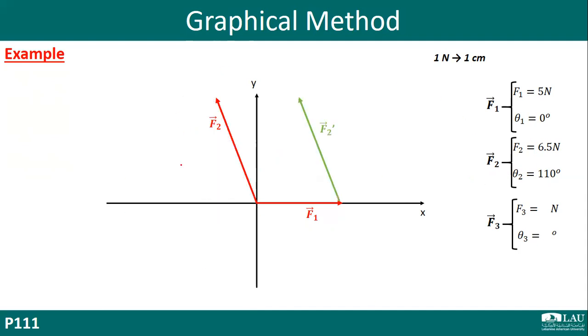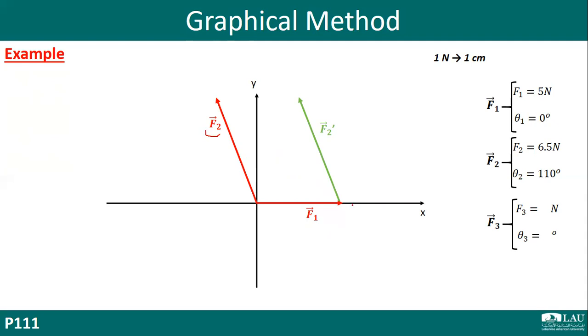Now we will complete our parallelogram. For the graphical method, we are going to use the head to tail method. We shift F2 to the head of F1.